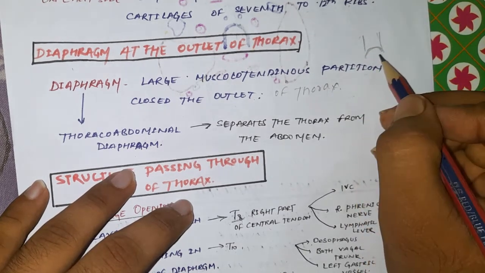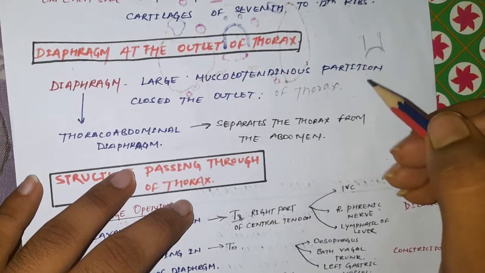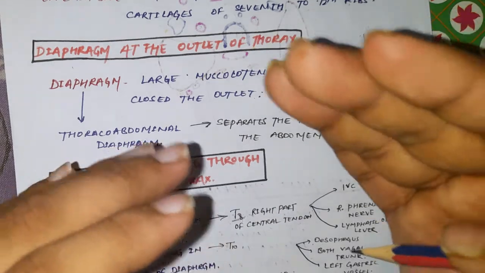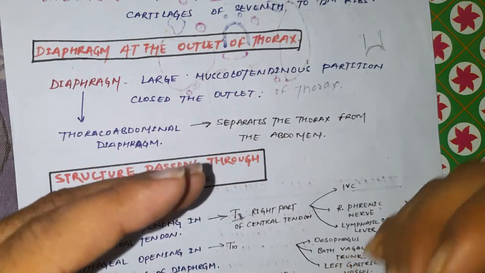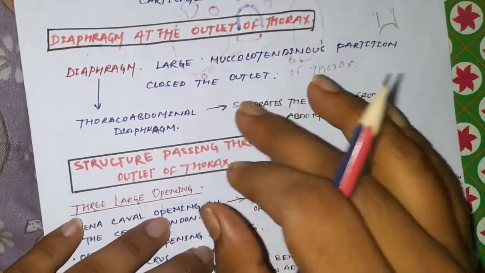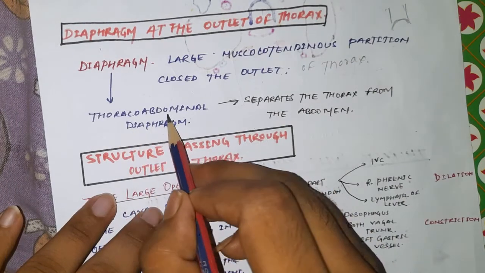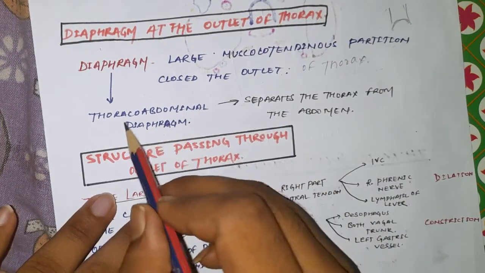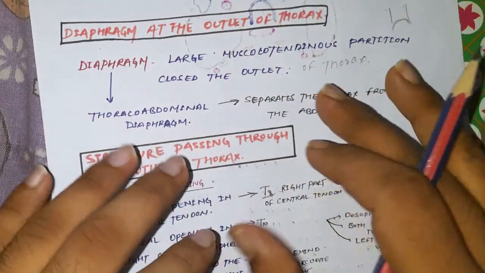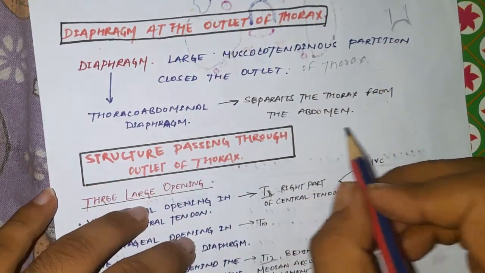This diaphragm separates the thorax and abdomen. It is also called the thoraco-abdominal diaphragm, because it separates the thorax from the abdomen.